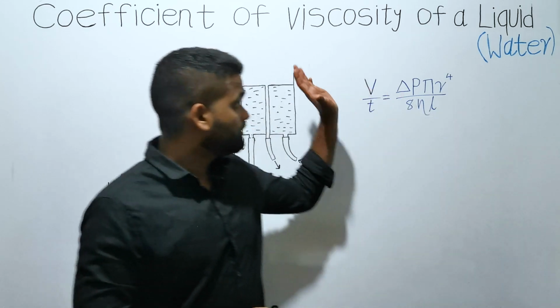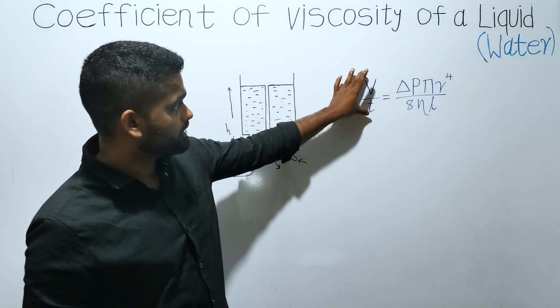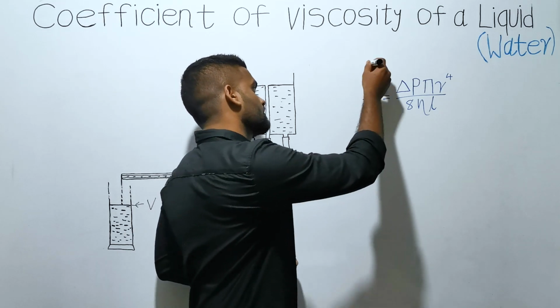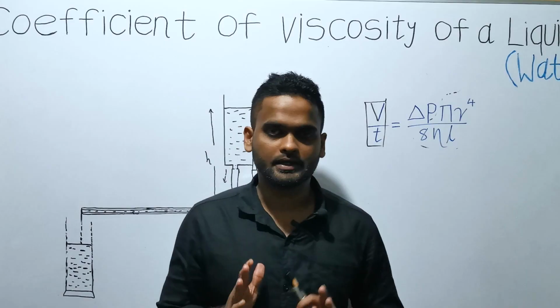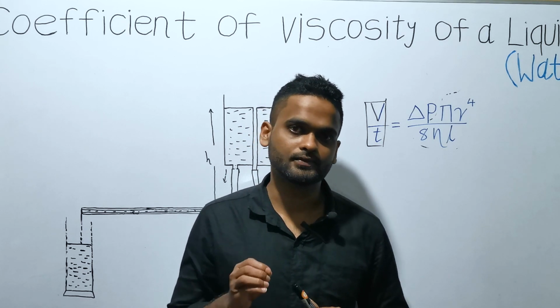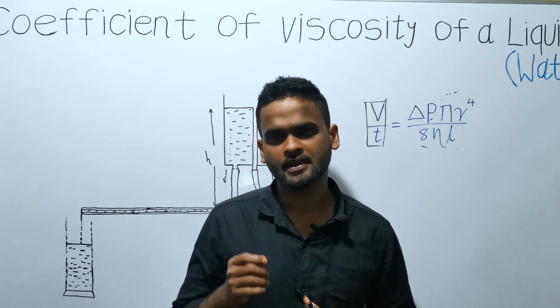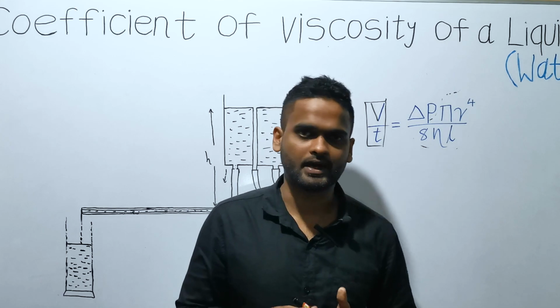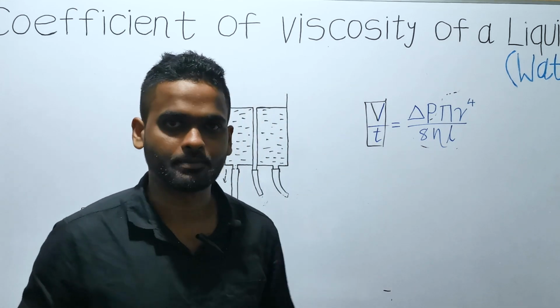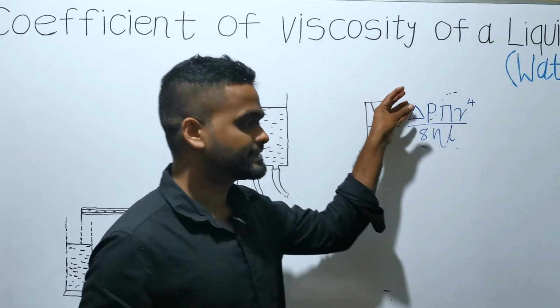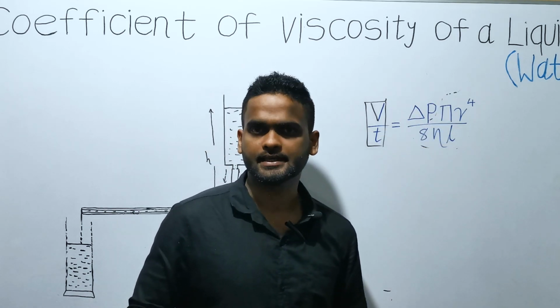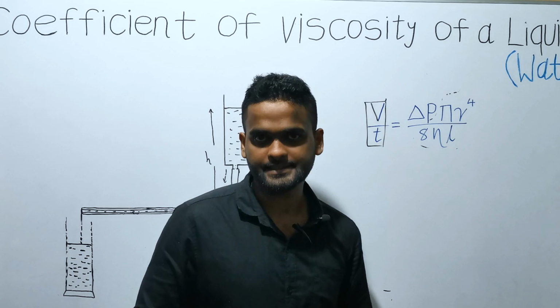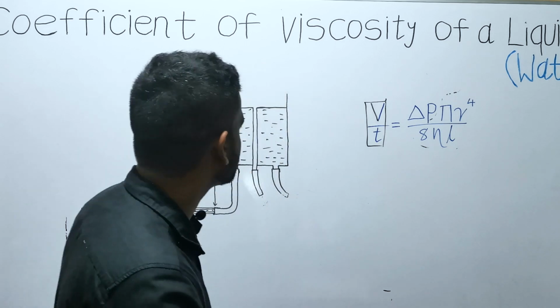Now we have measured this term, which is the volume flow rate. Okay, now we know how to find the volume flow rate through the pipe. Then let's consider how to find the pressure difference of the pipe, that is delta P. In order to find that, let's say that the atmospheric pressure is P naught.